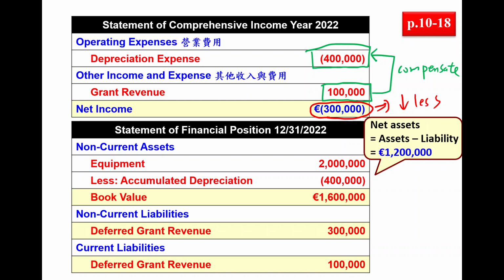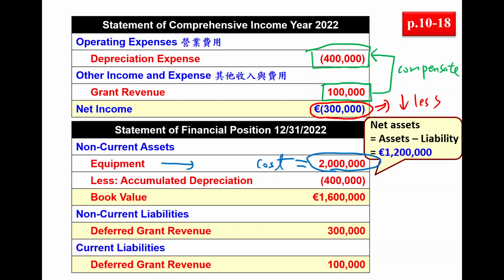Don't forget, equipment will always be reported at cost. So always this number should be your cost. And we use accumulated depreciation to describe your value decrease, right?